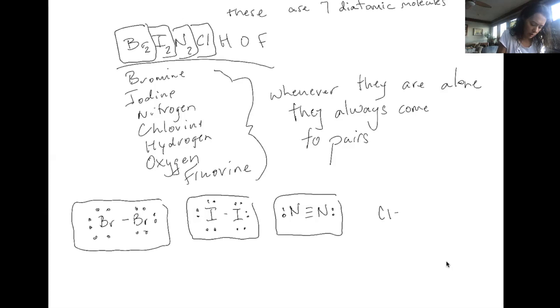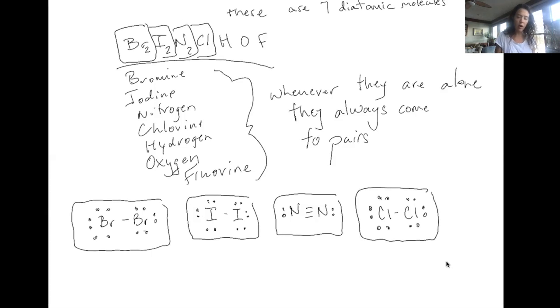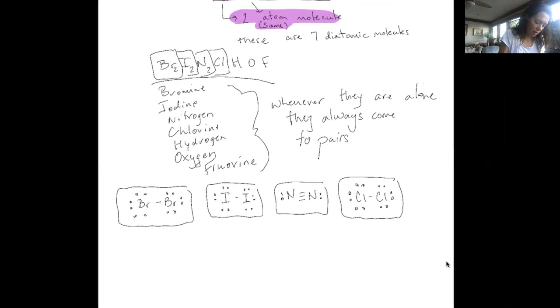Chlorine looks like the other halogens with their 7 valence electrons that add up to 14, which allows both elements to have their stable octet. We also have hydrogen, which is H2, right? H-H. You see that allows both hydrogens to have a stable octet.